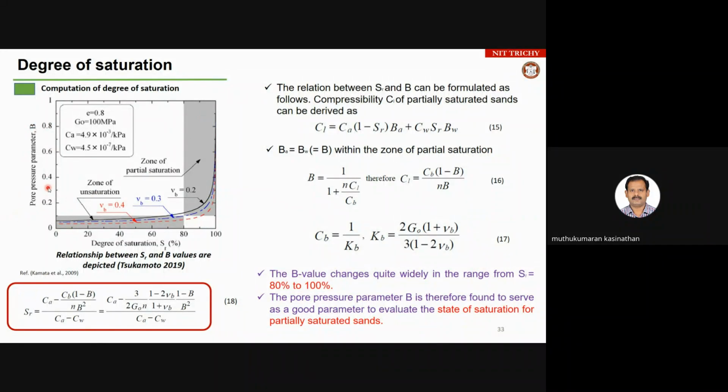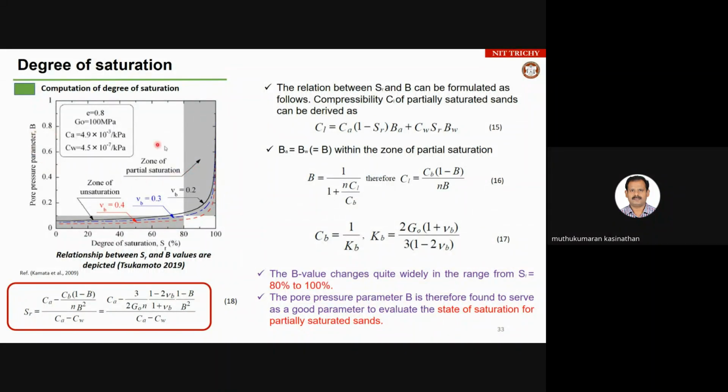So the pore pressure parameter is a direct measurement of the pore pressure development. If you deal with the range 80 to 100%, you can definitely expect a liquefaction risk, because the pore pressure parameter is very high, and accordingly the developed pore pressure will be very high. So the pore pressure parameter and pore pressure development have a direct relation.